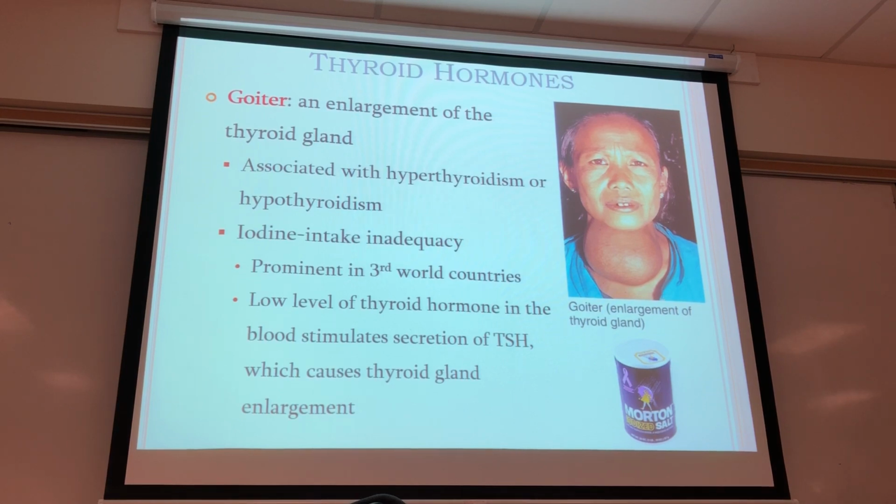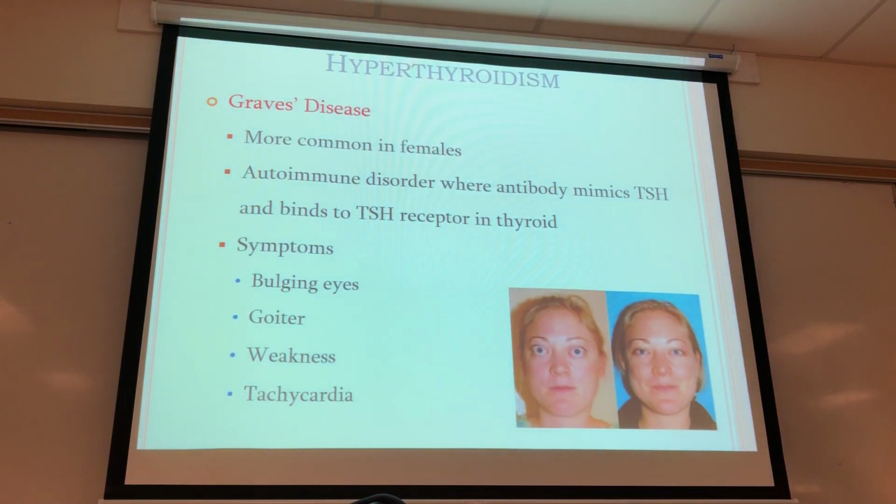So let's take a look at hyperthyroidism. The most common one is called Graves' disease. And Graves' disease is actually more common in females. About 2% of the female population have some form of Graves' disease, in which 5 times more women are affected by Graves' disease than men.